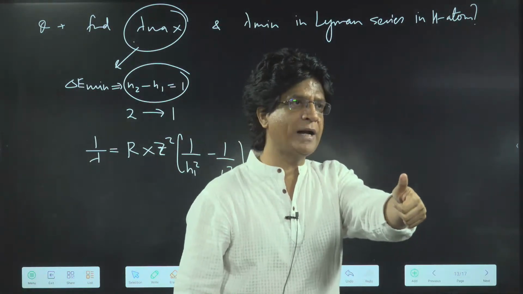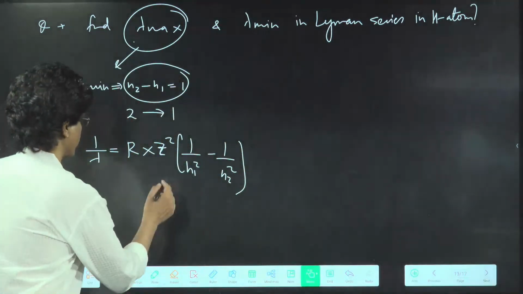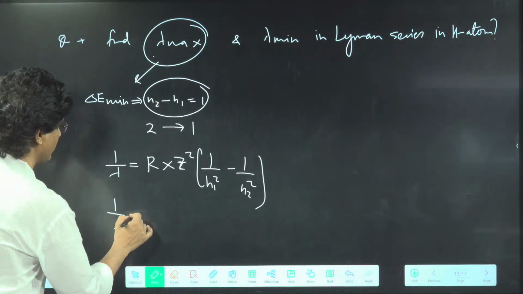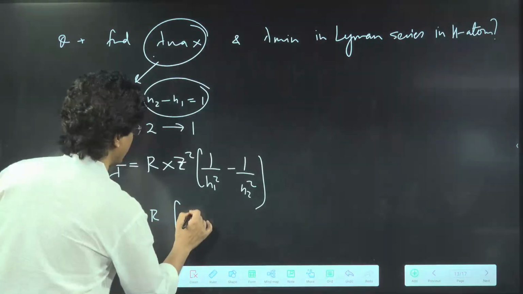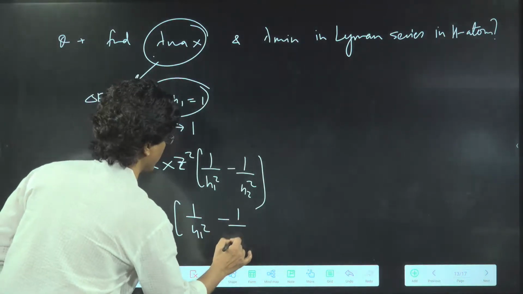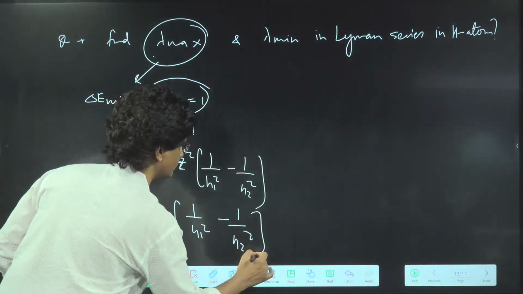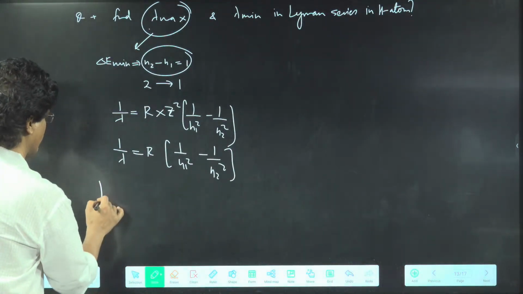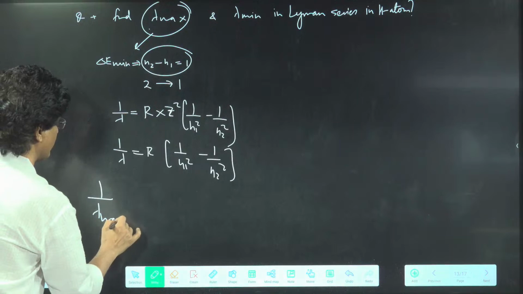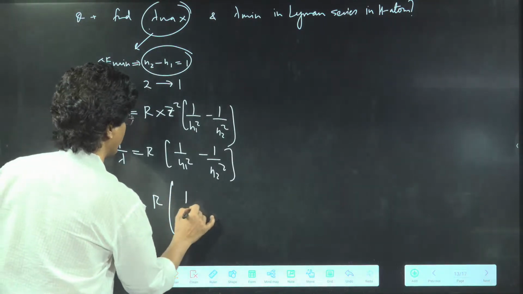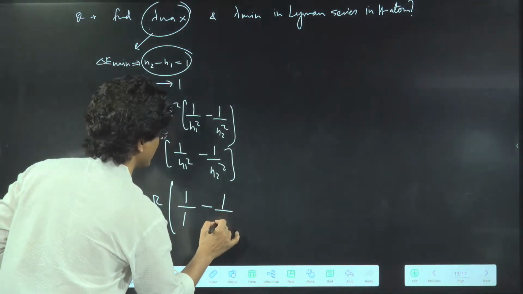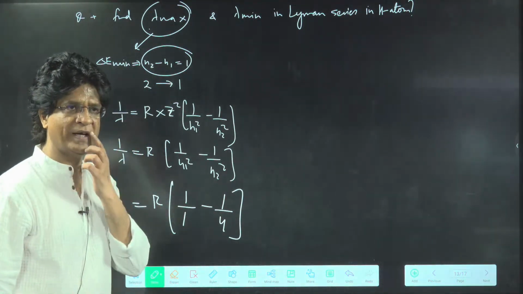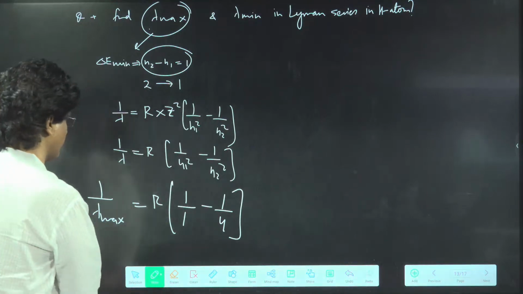So 1 upon lambda max is equal to R into 1 upon 1 minus 1 upon 2 square, which is 4.